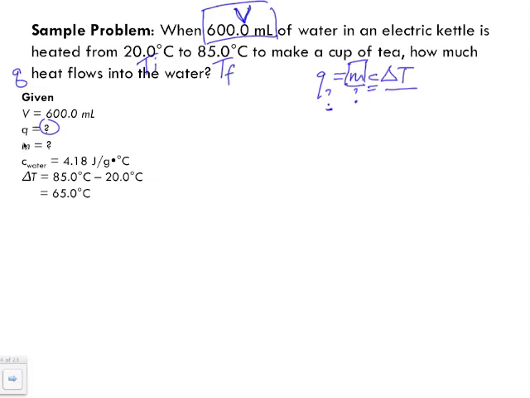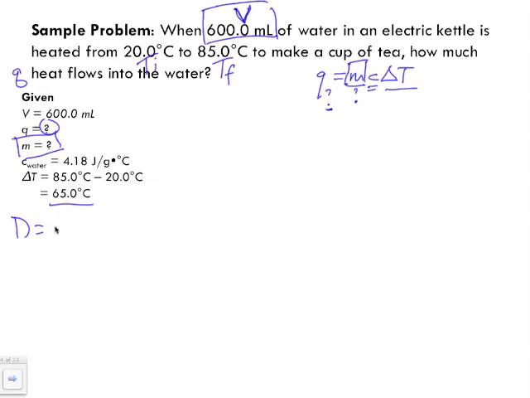The mass is also something we need to find, but it's a step we need to do before we actually start. We've got our C value here for our water, which is a given. And our delta T is 85 degrees Celsius minus 20 degrees Celsius, which gives us a total of 65 degrees Celsius.